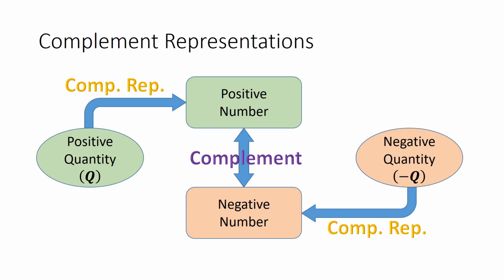This is a chart which you can look at in order to understand the terminologies very well. So you see what is happening here. I have already been using these terminologies, so hopefully it is clear by now, but again I have represented it in a way. So this positive quantity has a complement representation, which is a positive number. You take a complement of that, you get a negative number, which is a complement representation of the negative quantity.